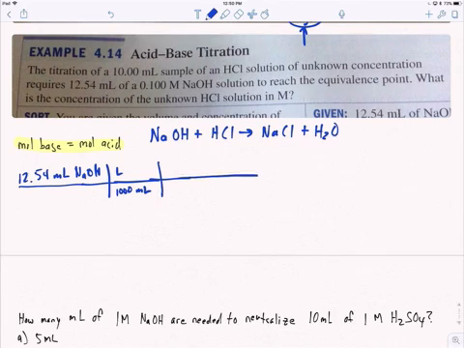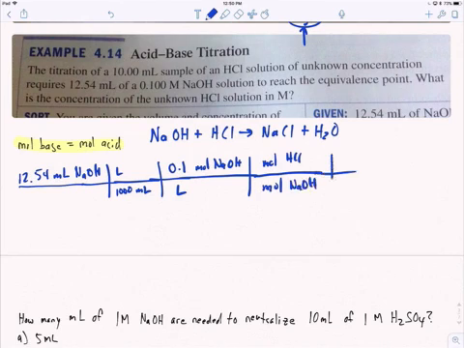And then we have 0.1 moles sodium hydroxide to 1 liter solution. And then we have a mole of HCl per mole NaOH. And the last step is 0.01 liters, so 10 milliliters equals 0.01 liters, right here.